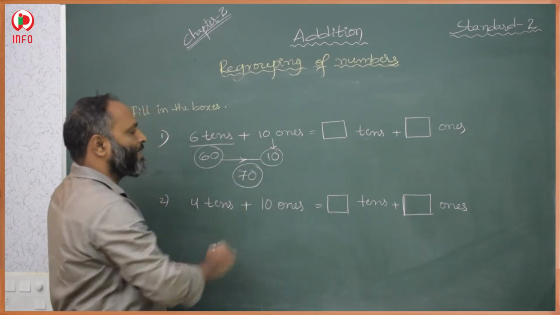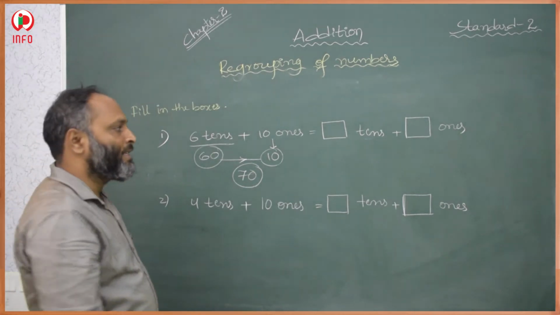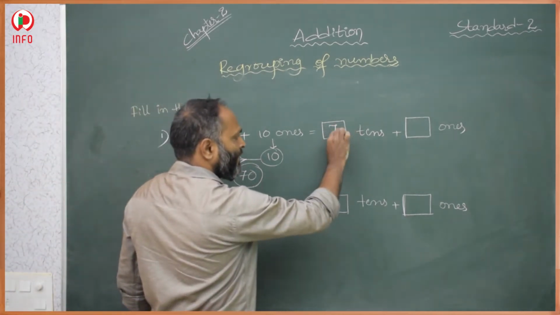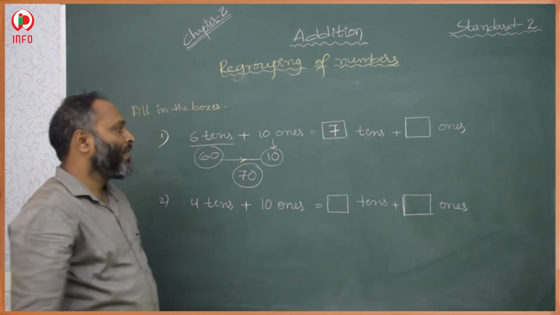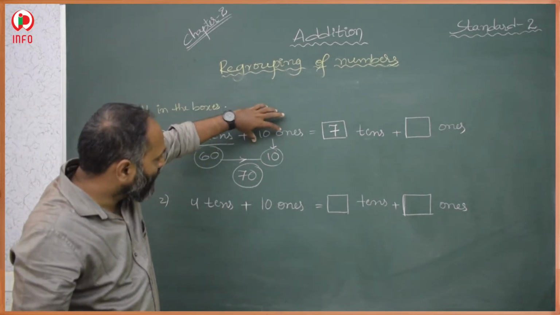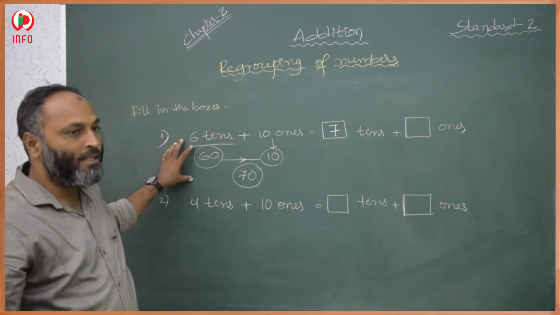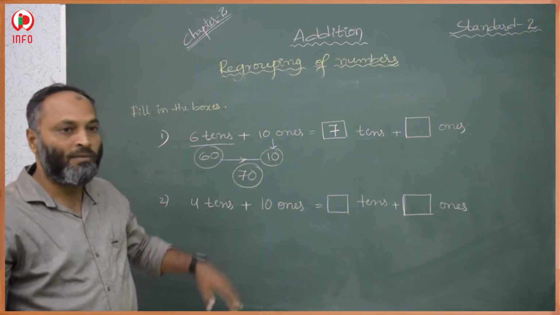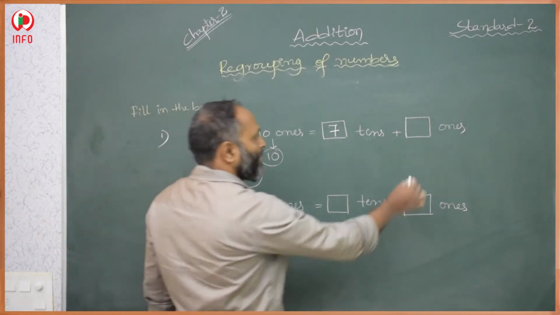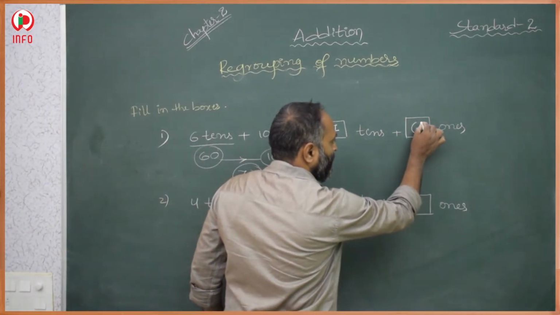Then we get 7 tens. The complete ones come and are added to the tens, and nothing is left in the ones. Then the ones becomes 0.